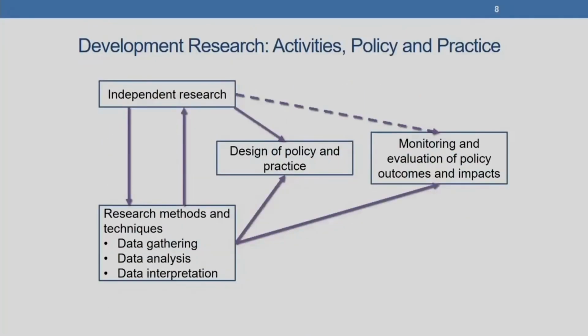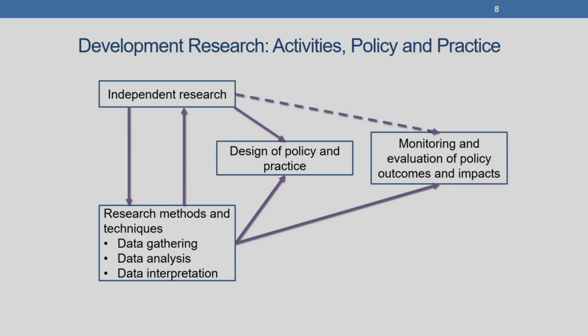Now, let us have a look at this diagram here, which is basically talking about how development practice is informed from the traditional tools and data gathering methodologies that are applied by development studies research. Now, design of policy and practice is largely based on findings from independent research using established research methods and techniques, but not creating or modifying these methods and techniques.